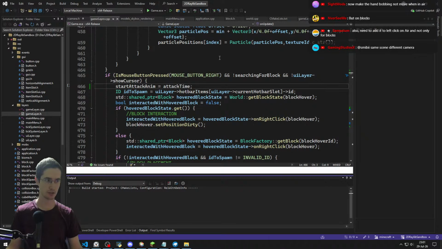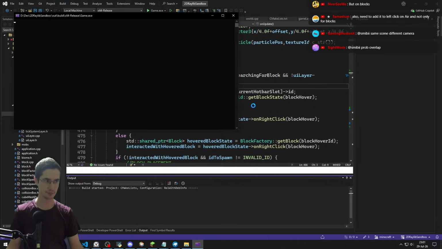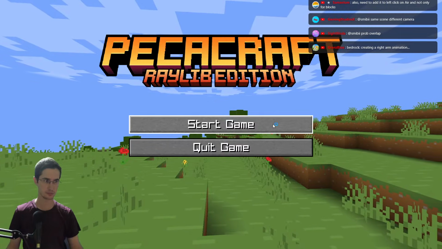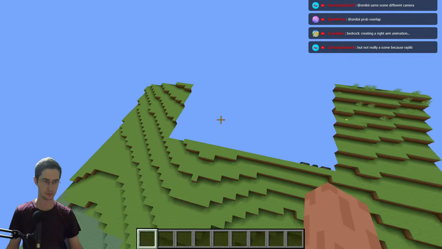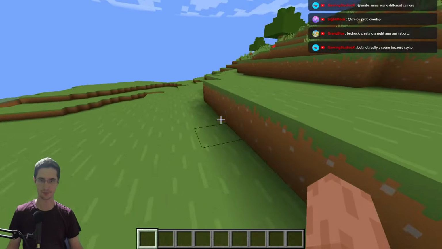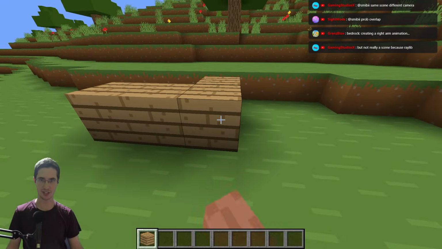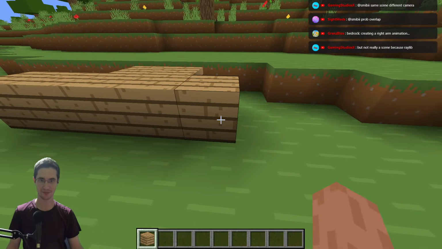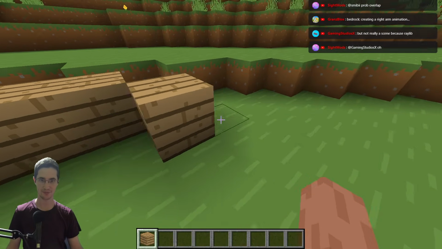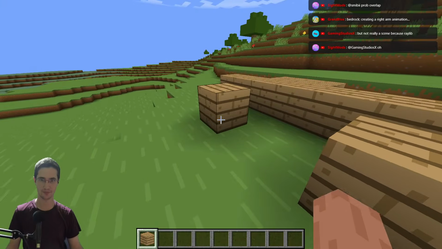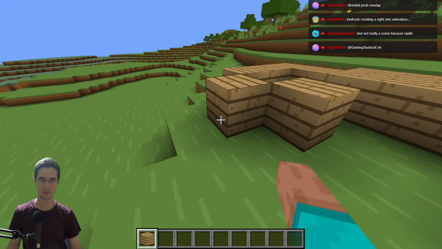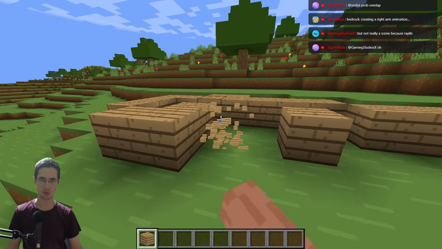It's the same animation. Yeah, chat, we're placing item. And we're breaking.